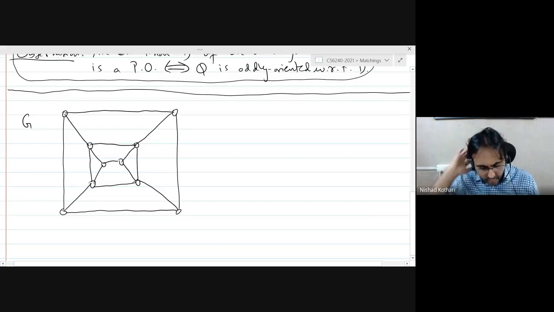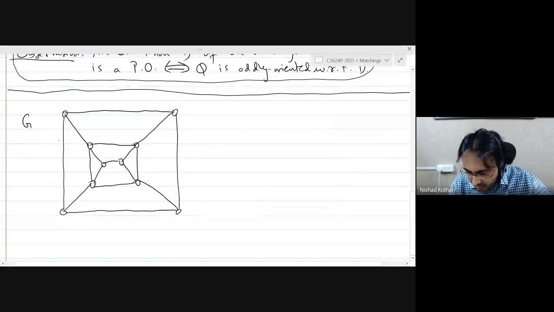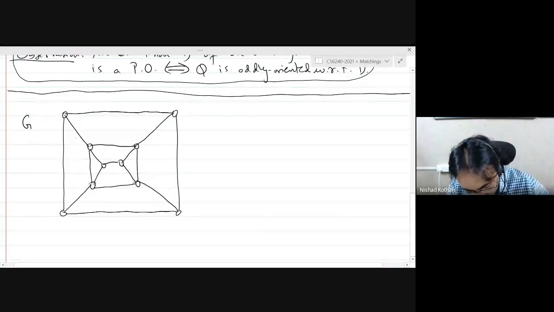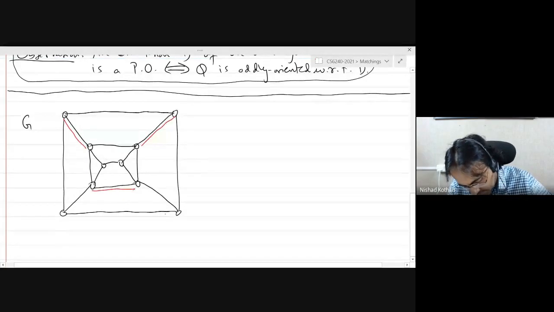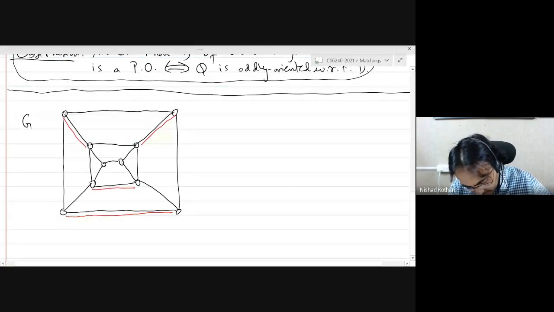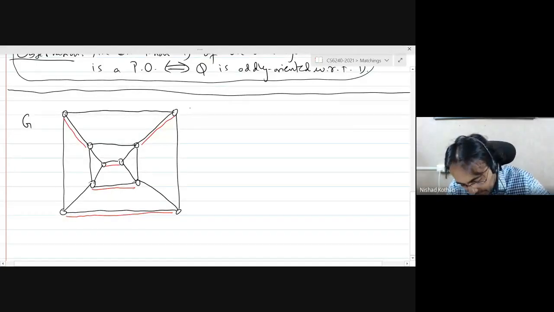And I'm going to look at two perfect matchings here. The red one. So what is the red one? It's this edge, this edge, this edge, this edge, and this edge here. Okay. So this is our perfect matching M1.